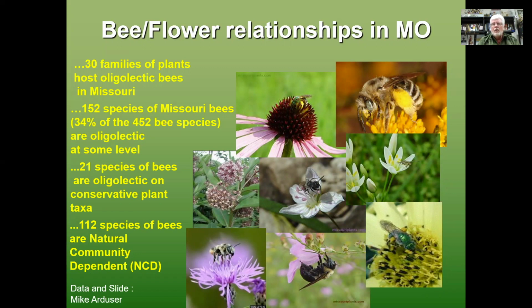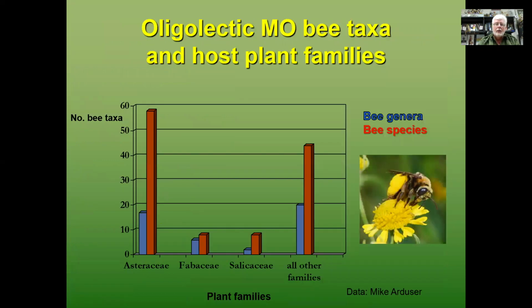Oligolectic bees are those which feed on only a few species of plants. So many of these bees are only selecting one family, one genus, and in some very specific cases, only one species. That is the only pollen and nectar that it's collecting for its offspring.